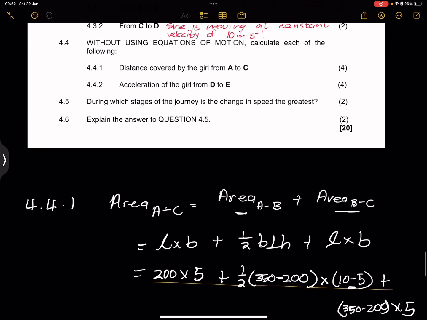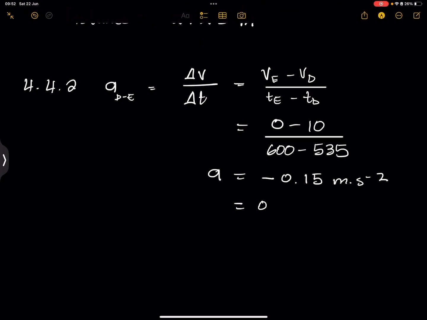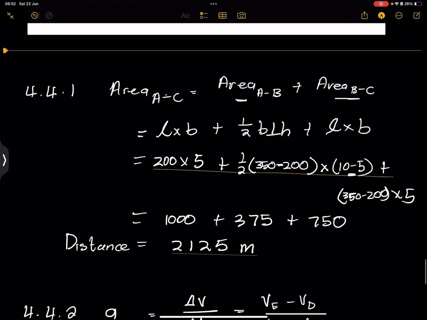In fact, I'm tempted to say our acceleration is 0.15 meters per second squared in the southerly direction.